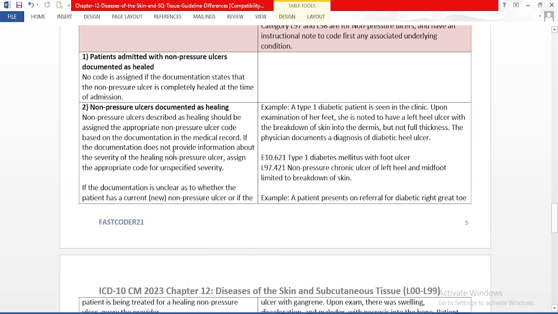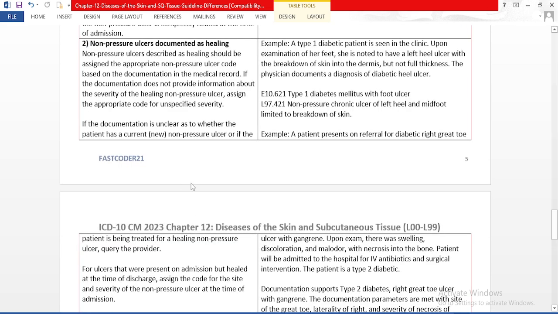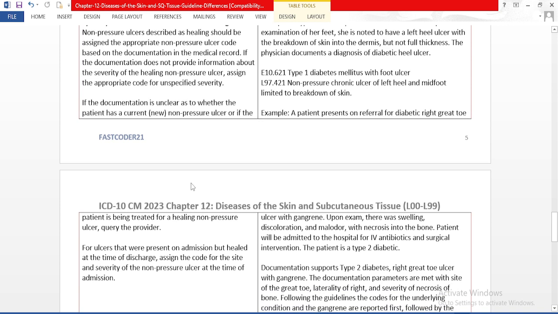For a healing non-pressure chronic ulcer, we need to code based on the documentation. If there is no severity mentioned, we need to code unspecified severity. If the documentation is not clear whether the patient has a current non-pressure ulcer or whether the ulcer has been treated, we need to query the provider.